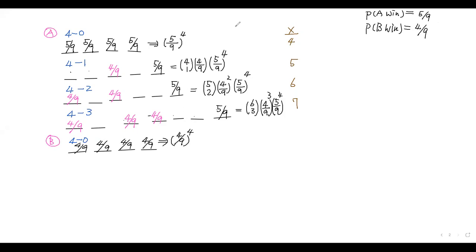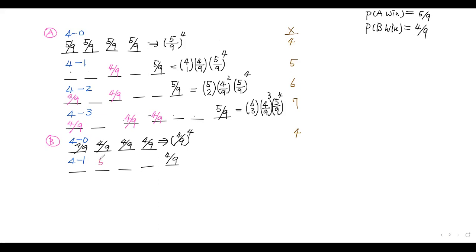All right. So the same idea. How about if I lost 1 game here? So this game is 4 wins, right? So if I lost 1 game here, so it's 1, 2, 3, 4, 5, right? So now in here, the last one is winning, right? It's 4/9. I need to choose one losing.